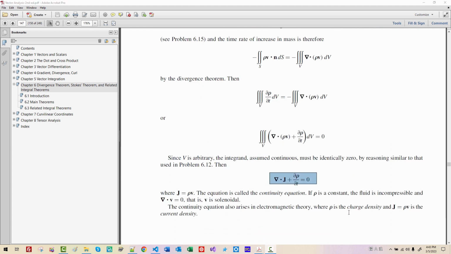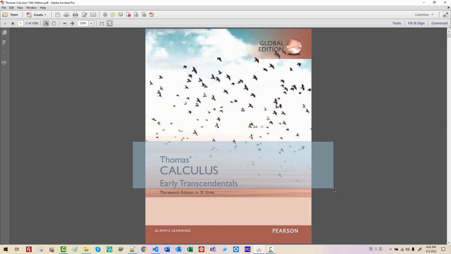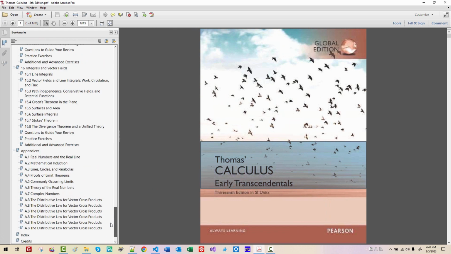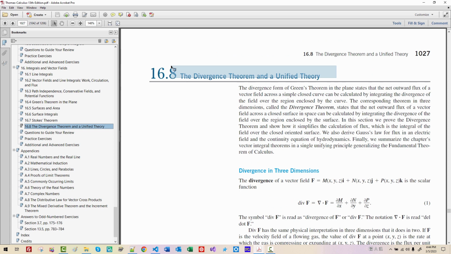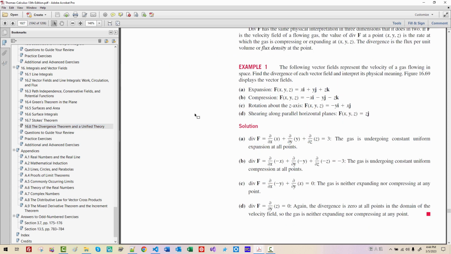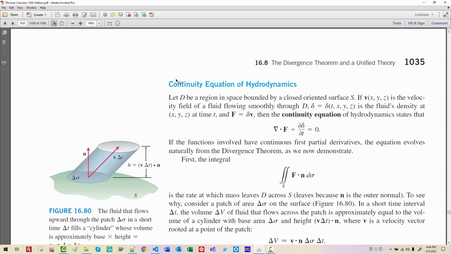If you still fail to understand this continuity equation, then from Thomas' Calculus, Early Transcendentals, in this book, last chapter, chapter 16, integrals and vector fields. In this chapter, last section, the divergence theorem and a unified theory. In this section, if you scroll down, you can find the continuity equation of hydrodynamics.